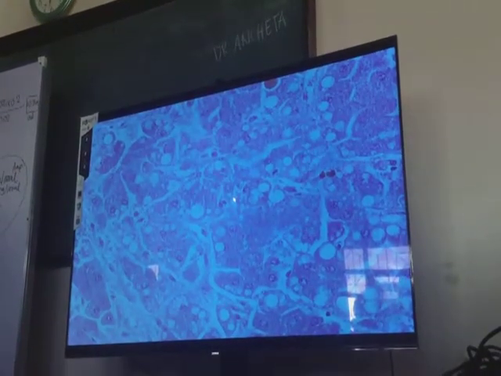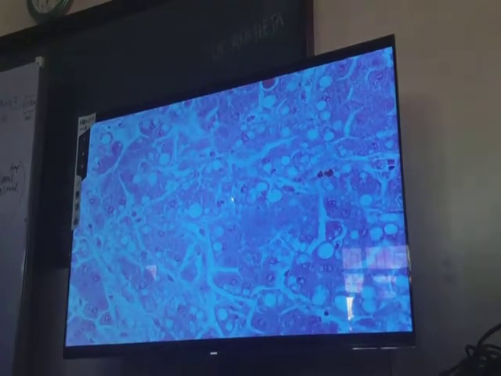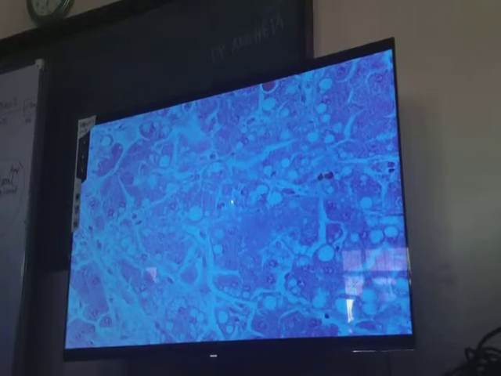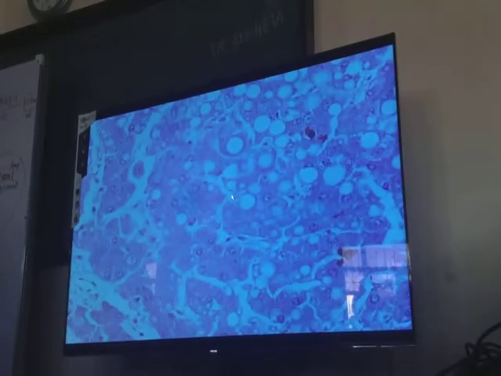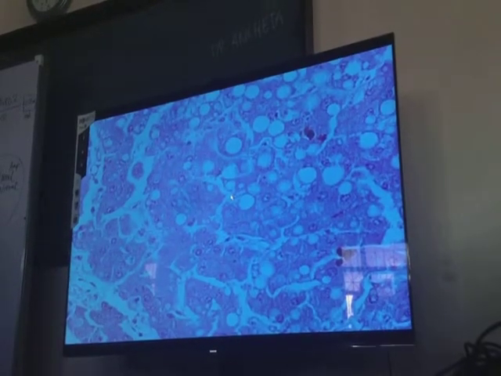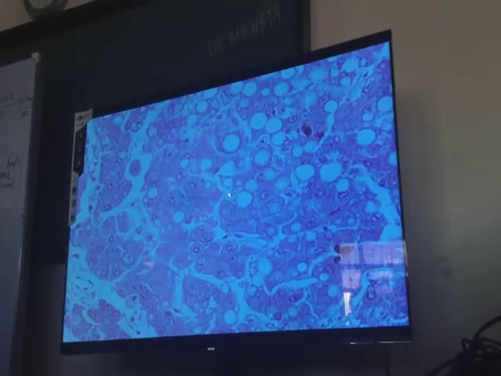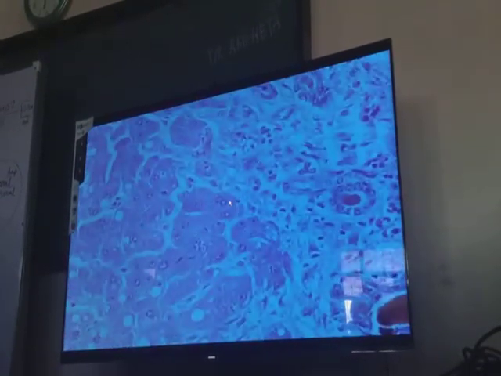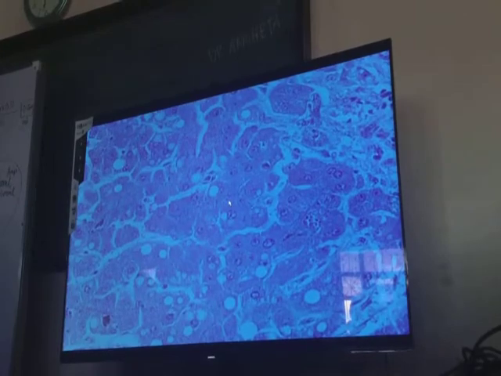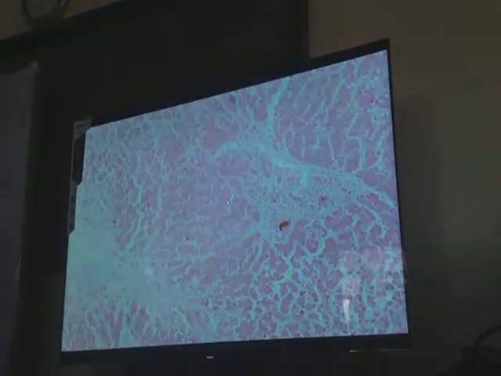What abnormality can you identify in that field? Steatosis. Okay, are those cells dead or alive? Alive. How about those cells? Alive. Okay, so what should be our diagnosis? Cirrhosis. Please do not diagnose this as necrosis because there are no necrotic cells present.